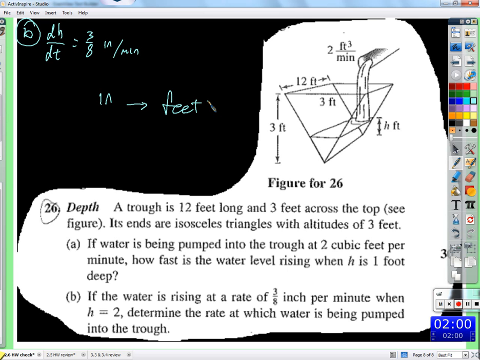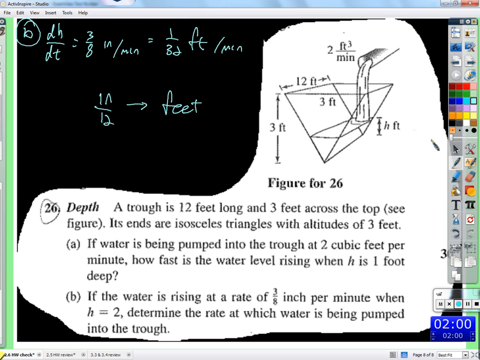How many feet is 12 inches? According to you, it'd be 12 times 12, which is 144 feet. Don't do that. So what should I do? Divide. 12 inches divided by 12 is feet. So we want to divide this by 12, and we get 1 over 32 feet per minute.